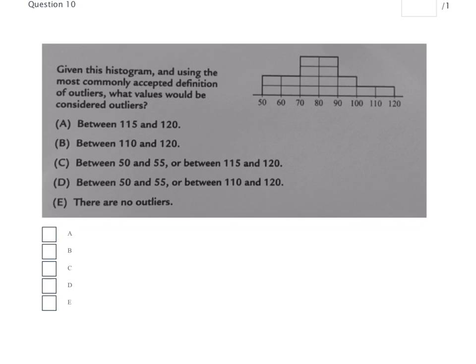All right, given this histogram and using the most commonly accepted definition of outliers, what values would be considered outliers? Okay, so this one's kind of tricky because they're using these boxes to help us figure things out.